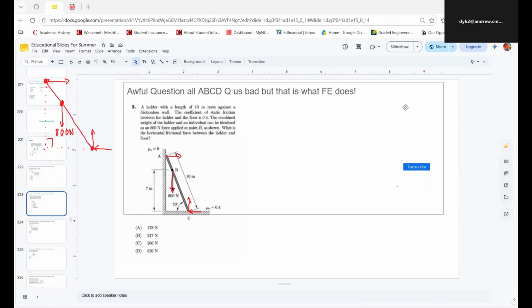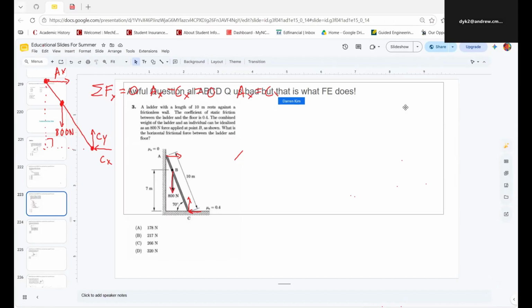So first, let's look at the summation of Fx equal to 0, because it is technically a static question, which means all the forces must be 0. We have Cx and Cy, and then there is Ax. We know Ax minus Cx equals 0, so Ax equals Cx.